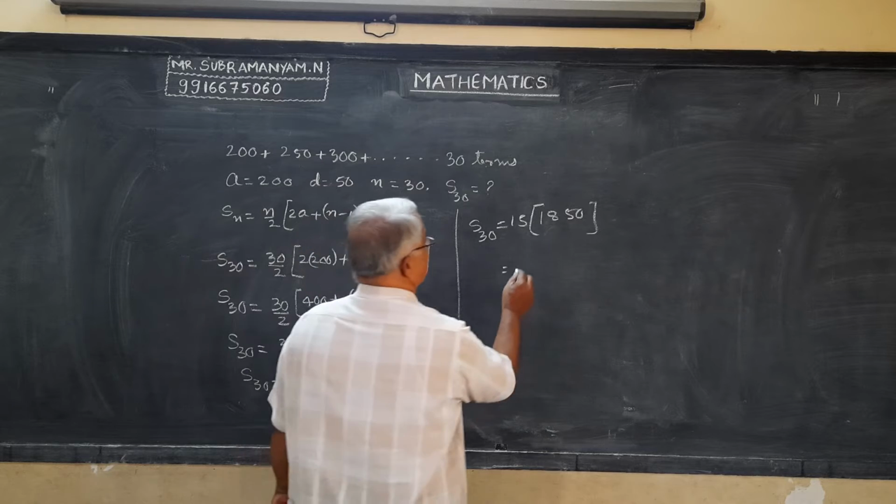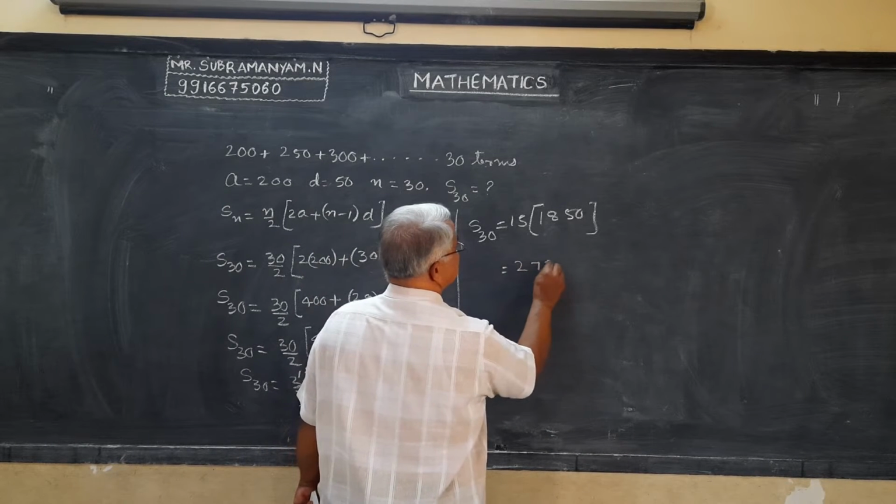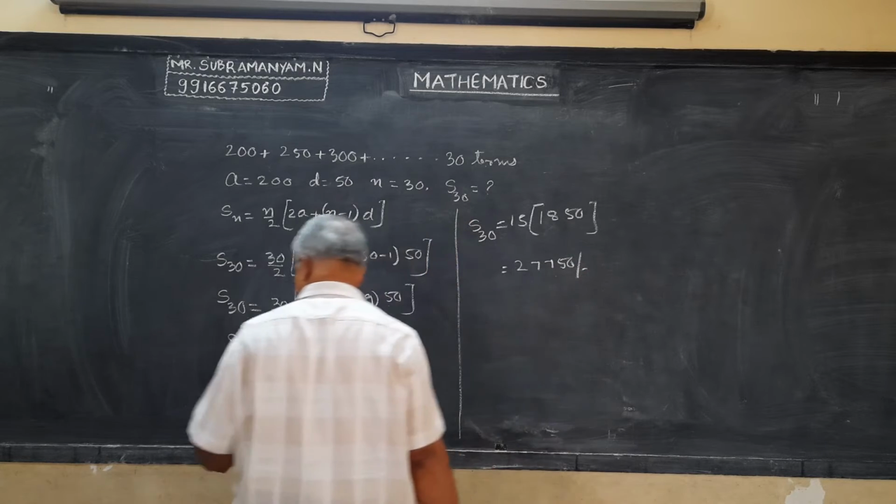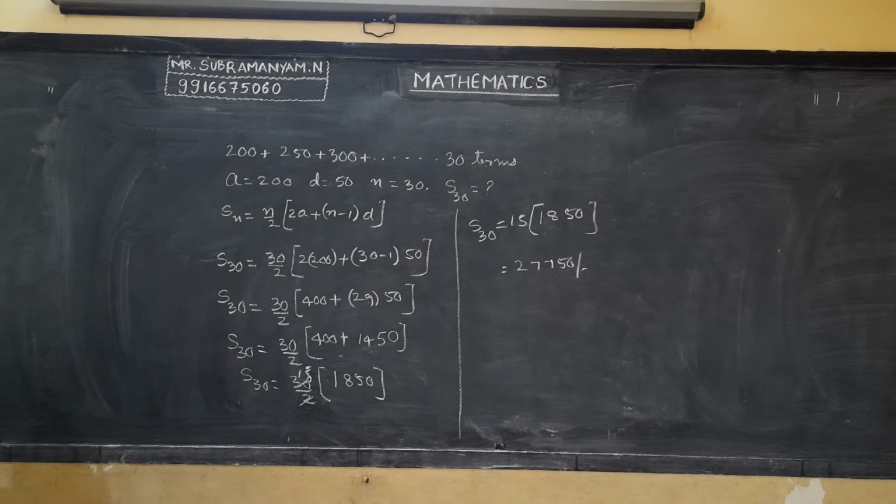I hope you have got it now. 27,750. This much money the contractor has to pay. The contractor has to pay 27,750. Okay. Then we will go to the next problem.